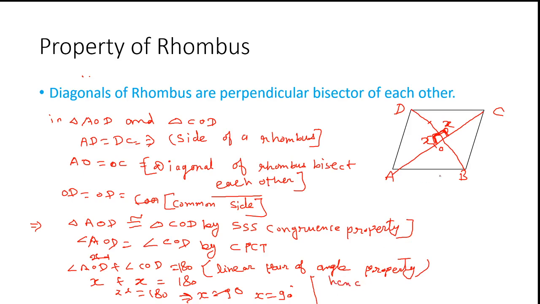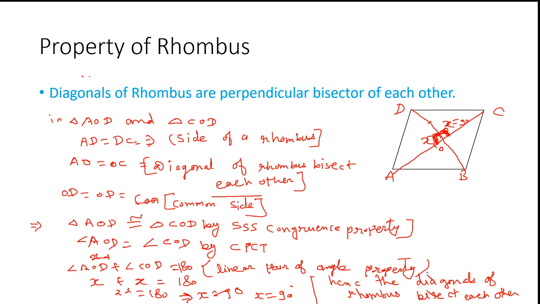Hence you can see X is equal to 90 degrees. That means this angle is 90 degrees. This is also 90 degrees, and the sum of these two angles is 180 degrees. Hence the diagonals of rhombus bisect each other perpendicularly at 90 degrees.